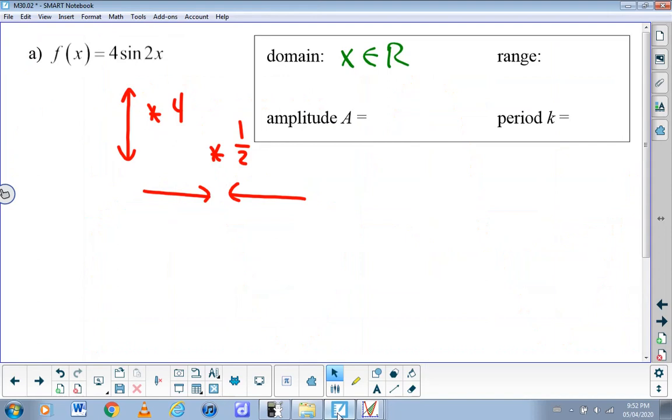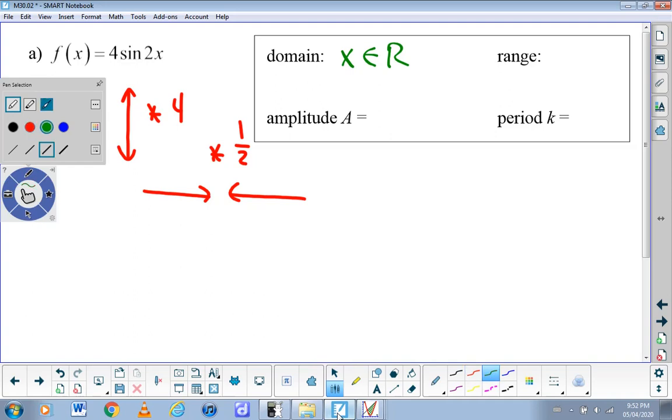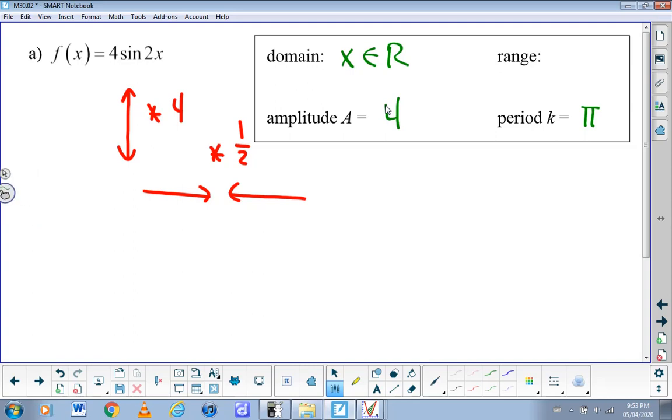Now what we would like to do here, let me write this down first. The amplitude is 4 and the period is, we said pi, and what we would like to do is come up with some kind of rule. And the rule is going to be very simple for the amplitude. The amplitude is whatever number is in front of the function.